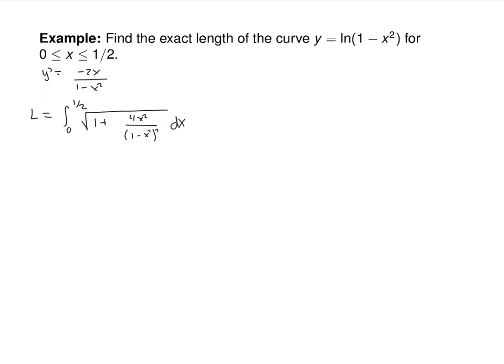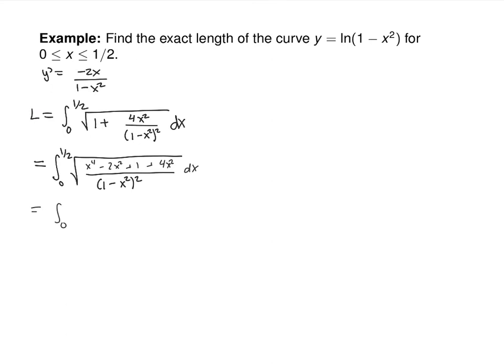And you think, if nothing else, what you can do inside that square root sign is get a common denominator. So the common denominator is 1 minus x squared, the quantity squared. When you expand that out, you get x to the 4th minus 2x squared plus 1, and then plus the 4x squared from the other numerator, which is the same thing as square root x to the 4th plus 2x squared plus 1.